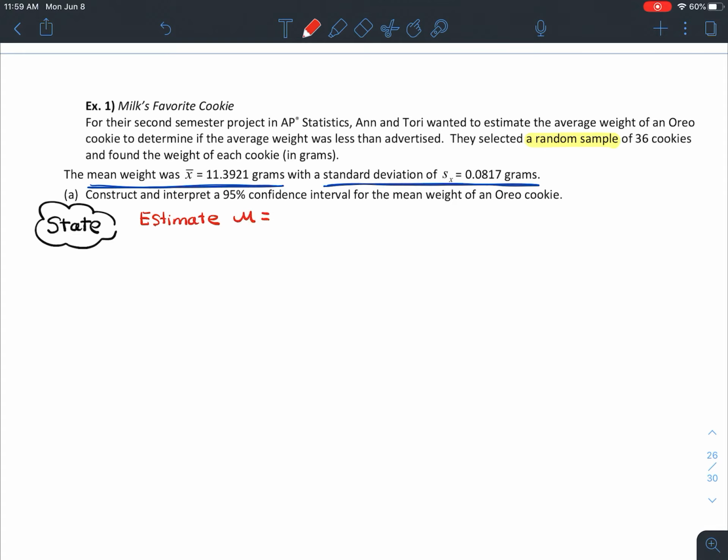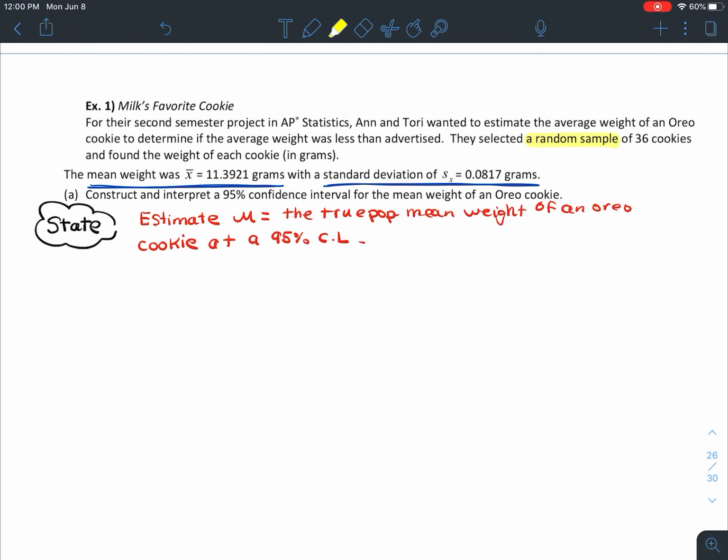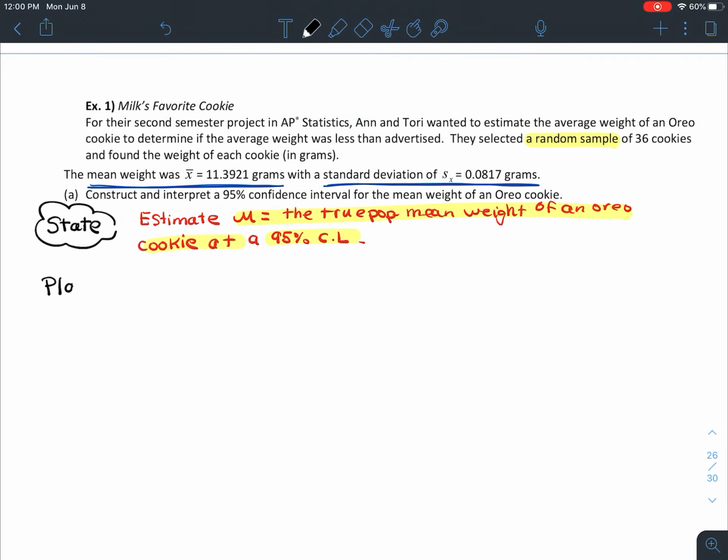We are to estimate mu, and then we define what mu is: the true population mean weight of an Oreo cookie. And then part of this state step is to say at what confidence level we want to construct this confidence interval, and we're going to say at a 95% confidence level. So 2 pieces here are very important: 1 is defining what it is we are estimating, and 2, what the confidence level would be. That's the state step.